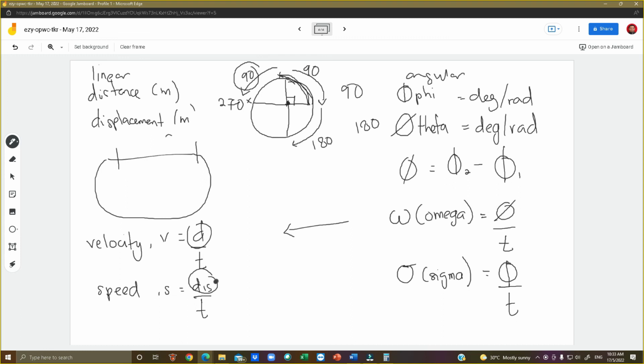If this one is distance, this is pi. Time tak pernah ubah, time sama. So it is actually the same things all over again. Okay, it is actually the same thing. So we can actually see here, dekat sini, kalau velocity kawan dia omega. Kalau speed kawan dia sigma.